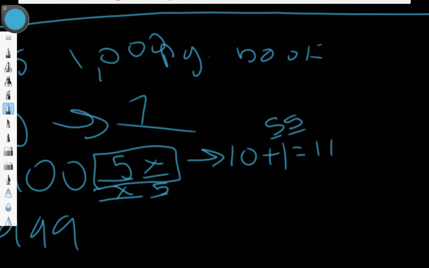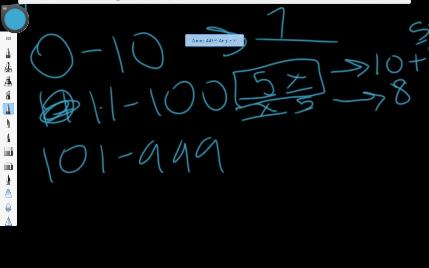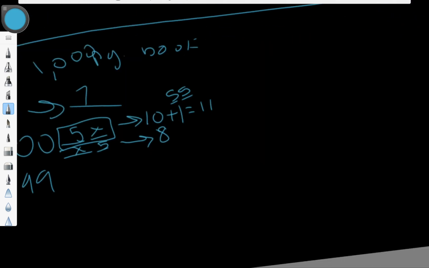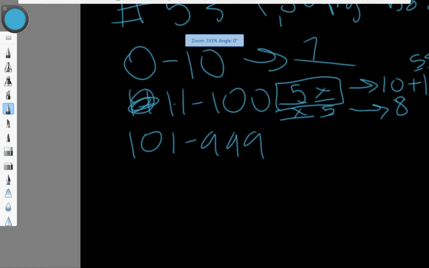For the rest of them, let's just count the tens: 10, 20, 30, 40, 60, 70, 80, 90. That's 8. Now let's think about 101 to 999. So the total for 0 to 100 is 19.